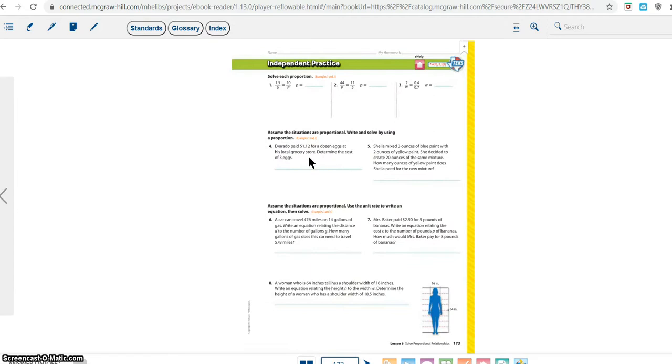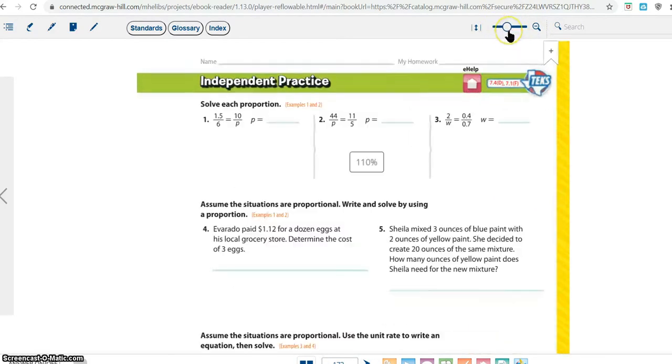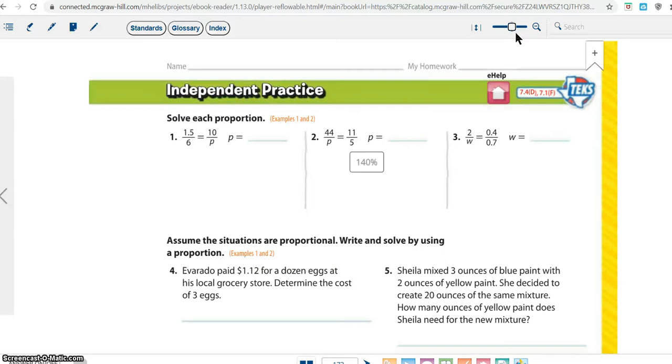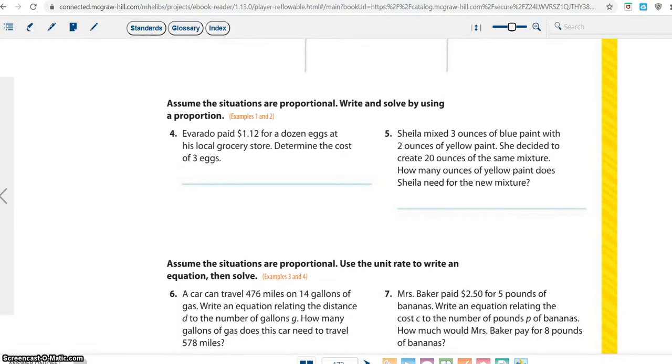So we are right here. Hopefully you have a copy of your textbook or the journal notes, or you can get those printed somehow. I'm going to read from here because it's a little bit more clear than on my paper, and then I'll switch to my paper. So this says, first of all, assume the situations are proportional.